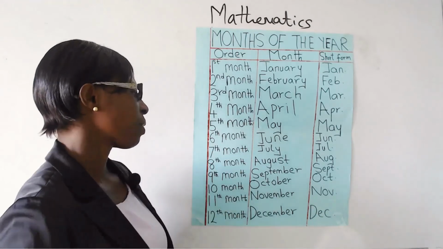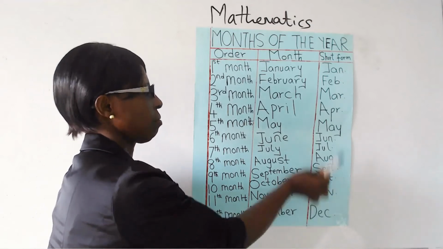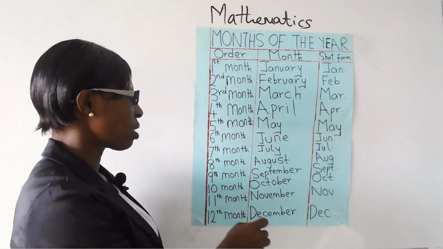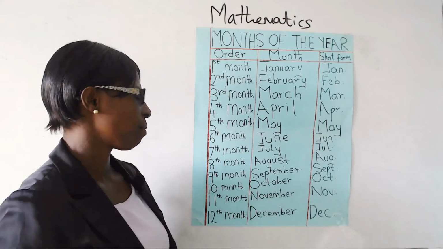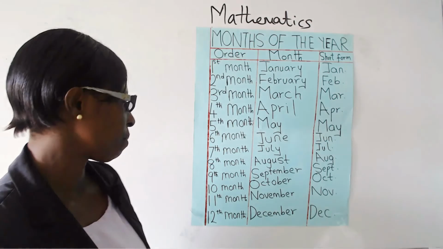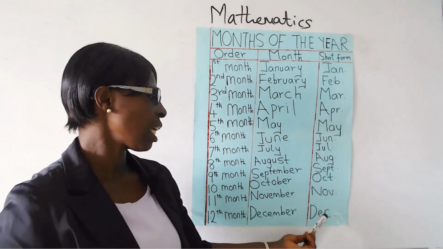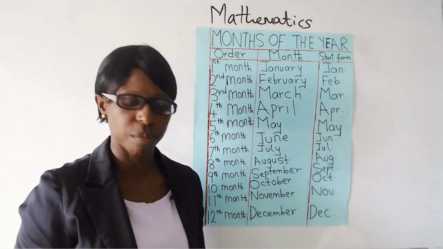October. The abbreviation is O-C-T, dot. 11th month, November. N-O-V. Then 12th month is December. D-E-C. That's the short form.